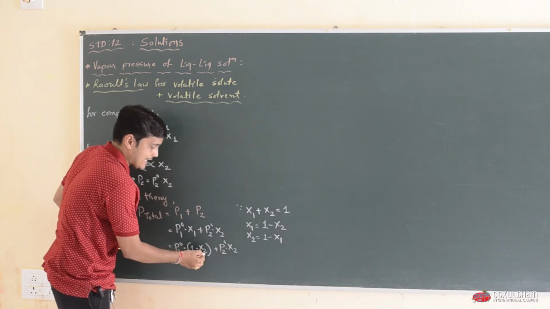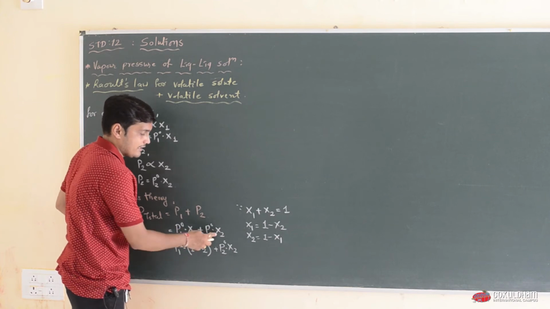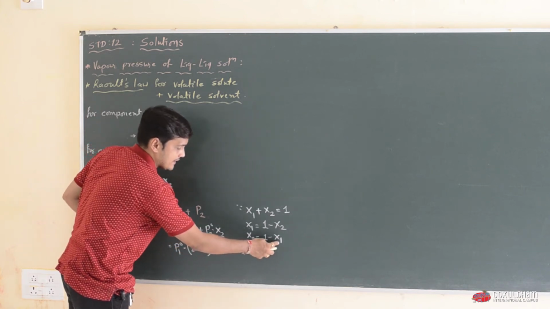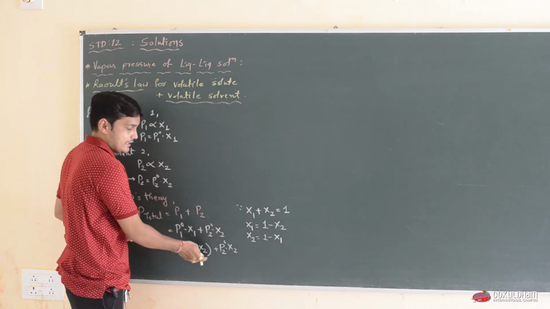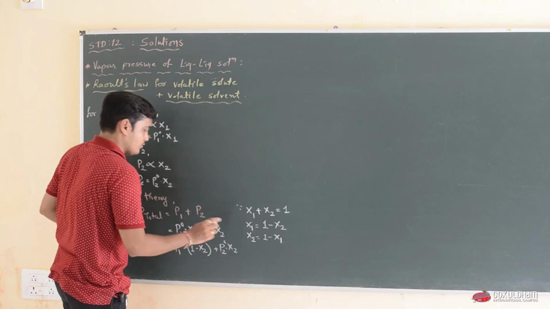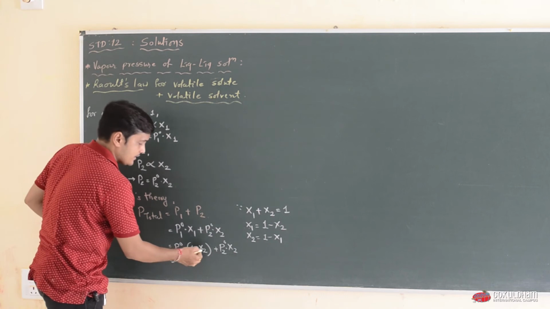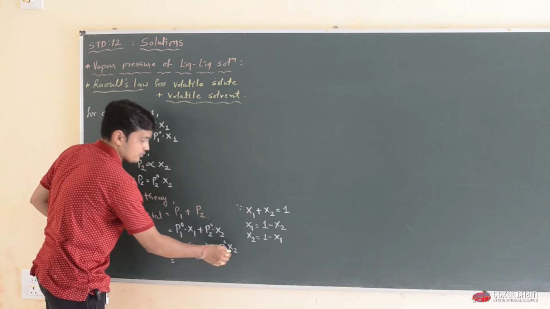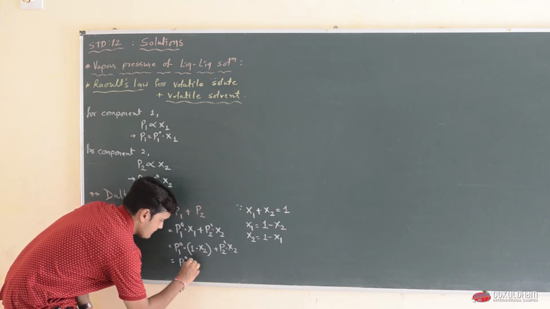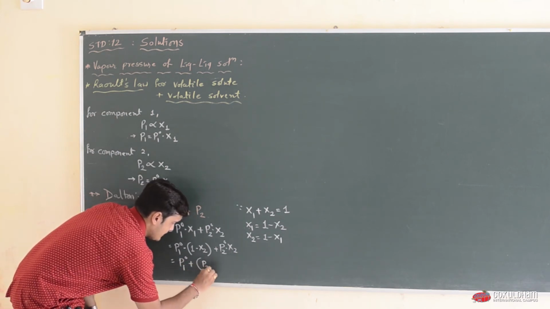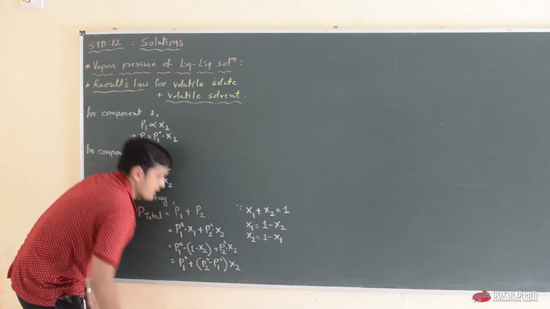We have to make X2 and X2 identical. Otherwise, if you put the value of X2 as 1 minus X1, you will get X1 and X1 identical in the next step. You have to show just one case. Here, this X2 and this X2 are on the right hand side in common, so we get P1⁰ plus (P2⁰ minus P1⁰) with X2 in common.